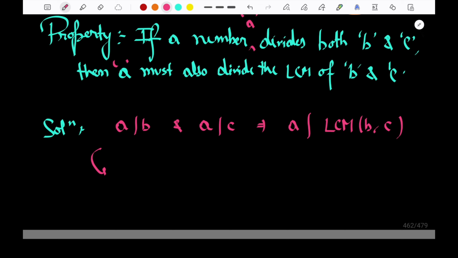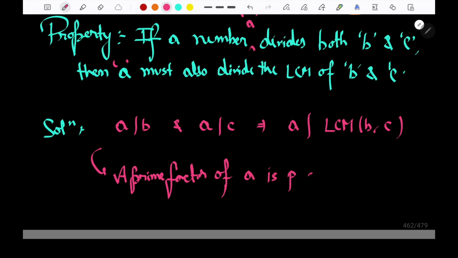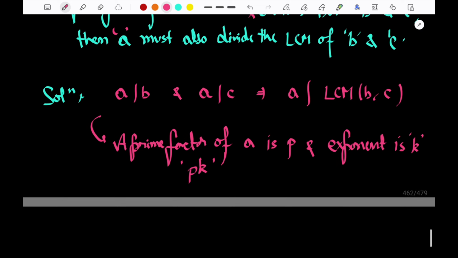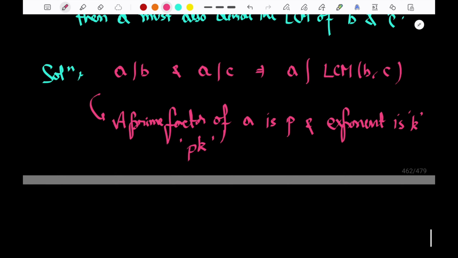I will consider any prime factor of A. Let's say a prime factor of A is P, and the exponent is K. It means P is repeated K times. So therefore, this will be P to the power K. Now, if A divides B, then P to the power K must also divide B.